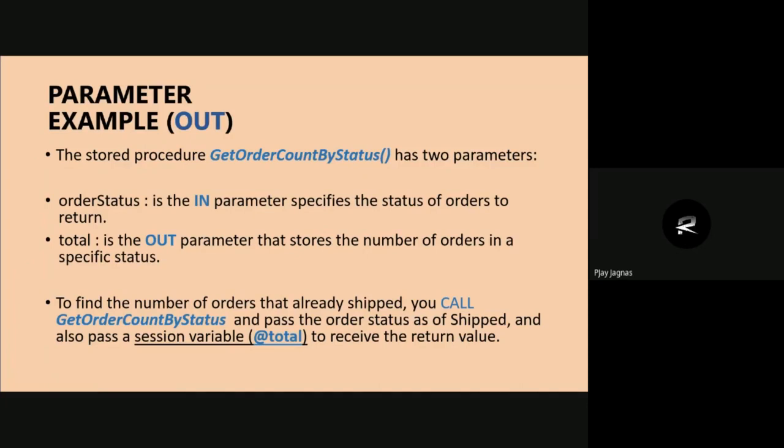Total is the out parameter that stores the number of orders in a specific status. To find the number of orders that have already shipped, you call get order count by status and pass the order status as shipped, and also pass a session variable at total to receive the return value.